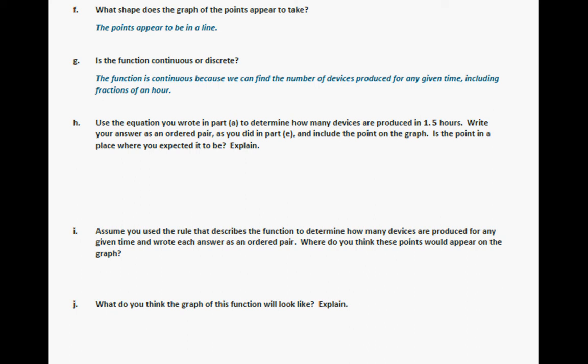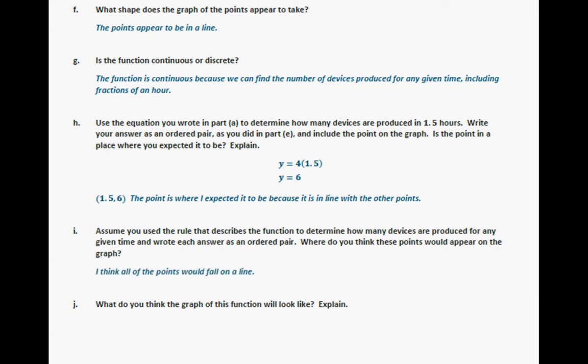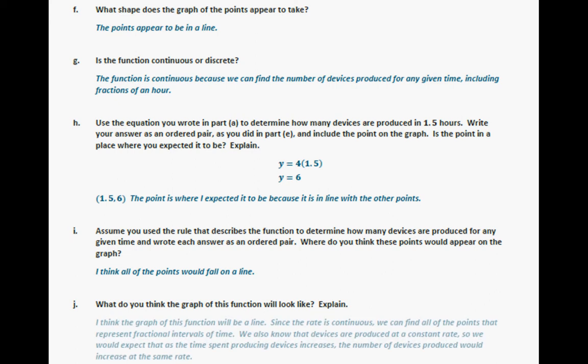Part H, you would end up with 6. And answering part I, points would fall in a line. And for part J, the answer for part J.